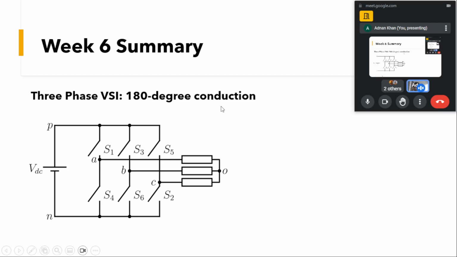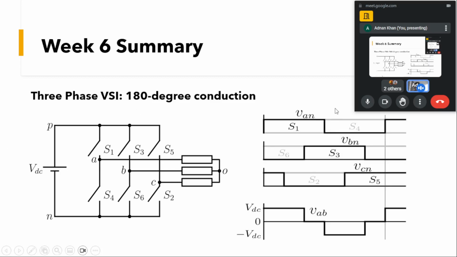Now we'll see how these devices will conduct. As I told you, it is a 180-degree conduction mode. When S1 is conducting, it is for 180 degrees, and when S1 is turned off, S4 is turned on.